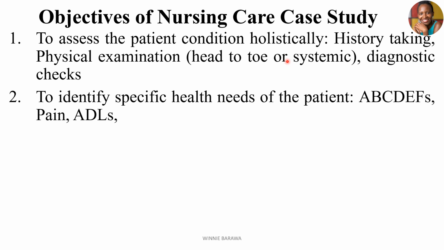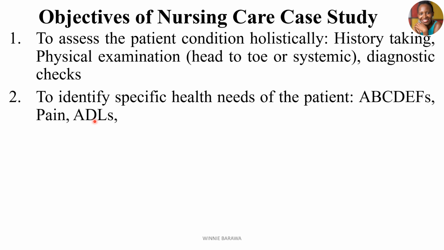This aspect also has other assessments like vital signs, and this is the same aspect where you can do review of systems. So assessment is very broad, but it takes the majority part of the nursing care case study. But this is part of the objective that we are going to do while we are conducting a nursing care case study.